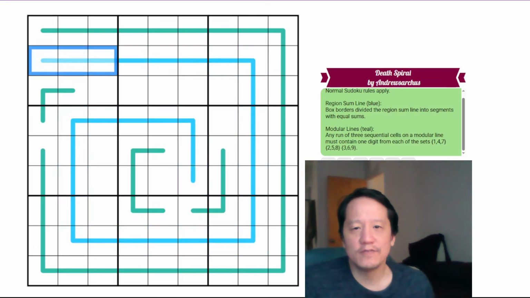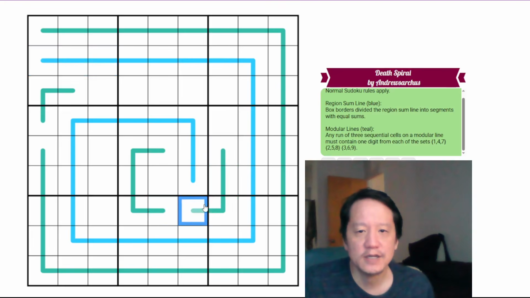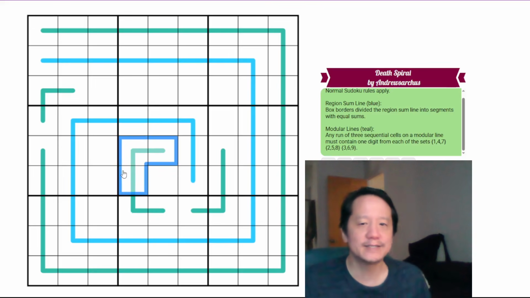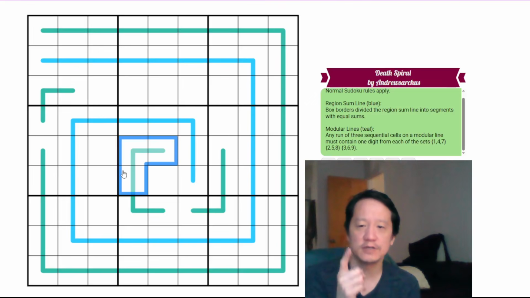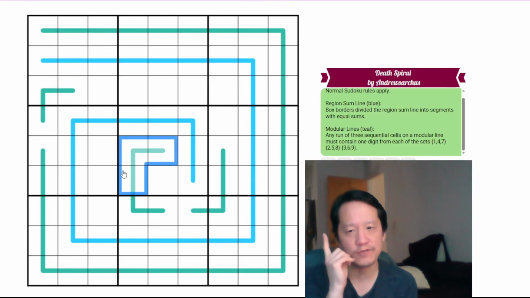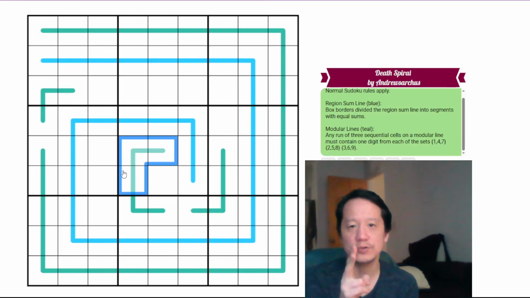We also have, and this is the only other rule here, modular lines, which are the teal lines. Any run of 3 sequential cells on a modular line must contain one digit from each of the sets 147, 258, or 369, which is the equivalent of 1 mod 3, the digits that when divided by 3 give you a remainder of 1, 2 mod 3, the digits that give you a remainder of 2, and 0 mod 3, the digits that give you a remainder of 0.